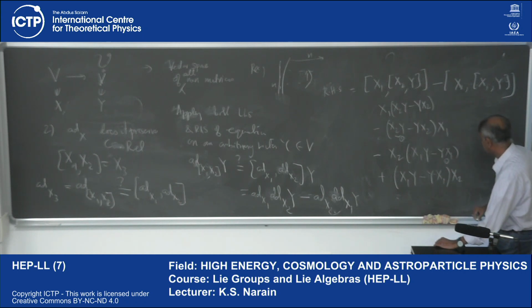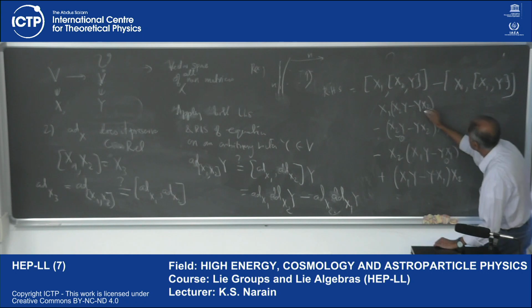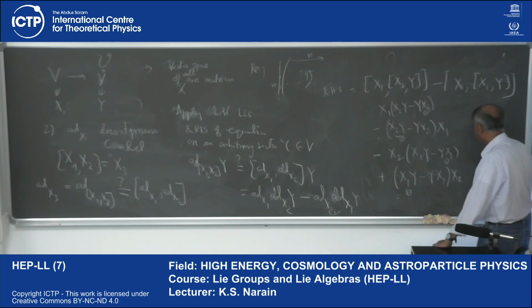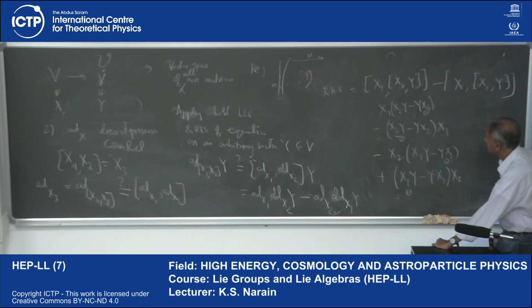Is there something else to cancel? This one, x1 y x2, and the same term x1 y x2. This comes with a minus sign and that comes with a plus sign, so term number 2 cancels with this term number 2.